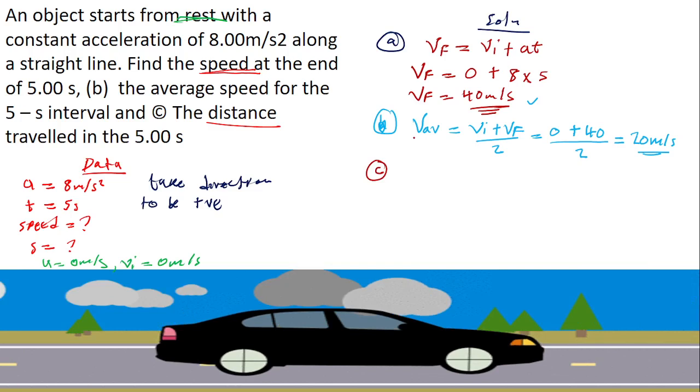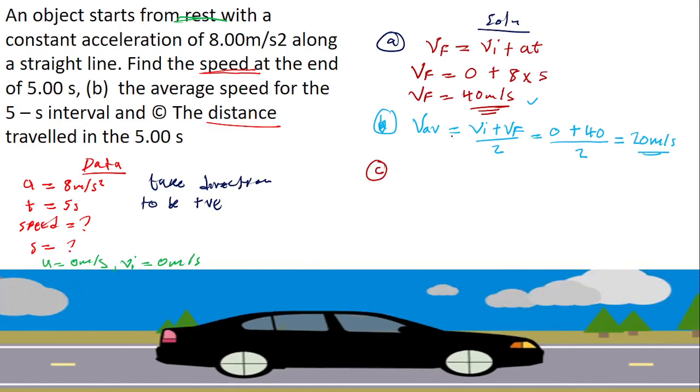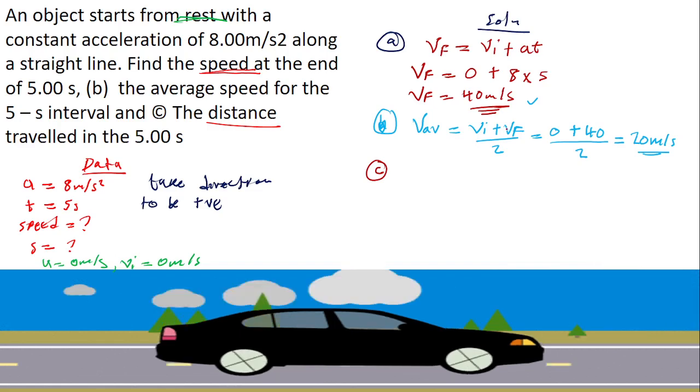So here, why are we dividing by 2? Okay, so when you talk of average, it is just whereby you find the summation of what you have been given over the quantity of what you have been given. So in this case, we only have the initial and the final velocity.